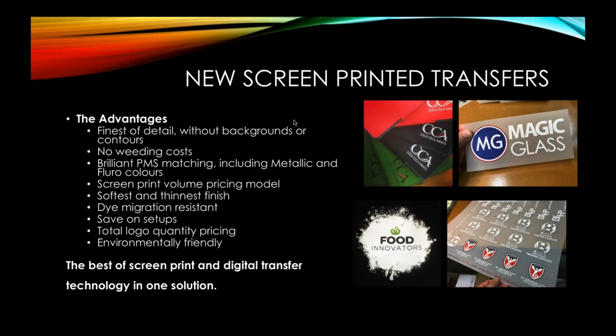Moving down this list though, you've got PMS matching, volume pricing of screen print. It's soft, it's dye migration resistant, so every transfer that is ever produced, whether screen printed or digital, we have that dye migration resistant agent, which we can actually put onto the back. Again, total quantity pricing.